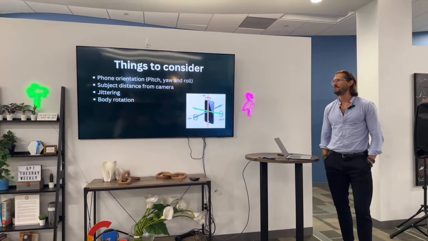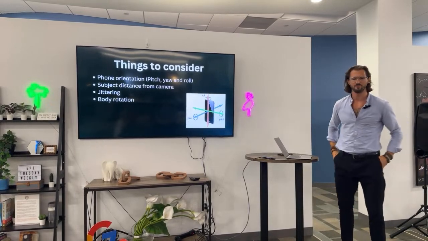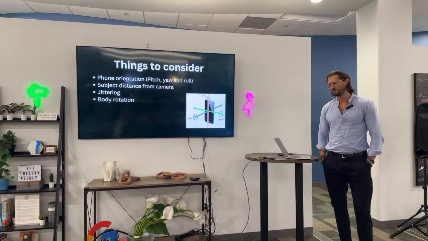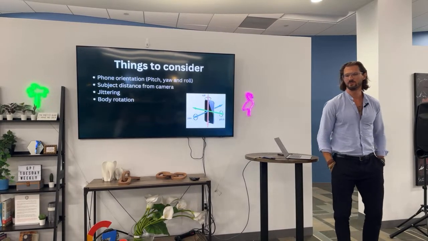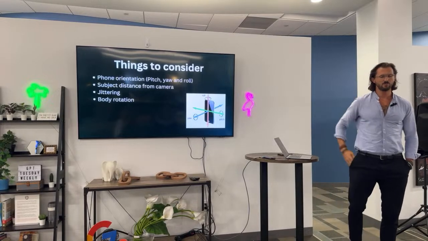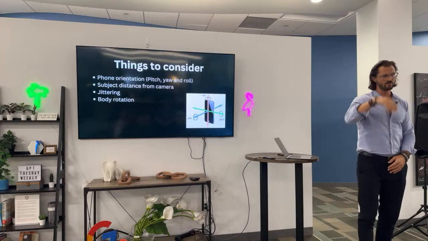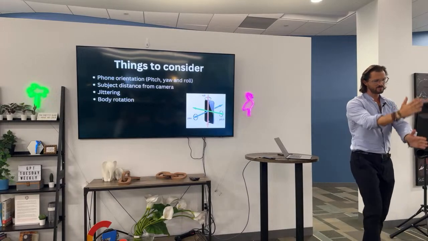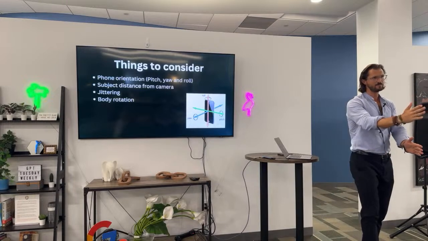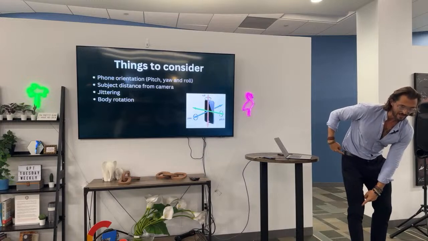And then body rotation, and this is the crucial thing about why I haven't published my form correction features. They are very sensitive to body rotation. If you imagine it was a 2D model, just X and Y, and I was doing a squat with my femur parallel to the camera's line of sight, imagine my femur is just defined by my knee and my left hip.